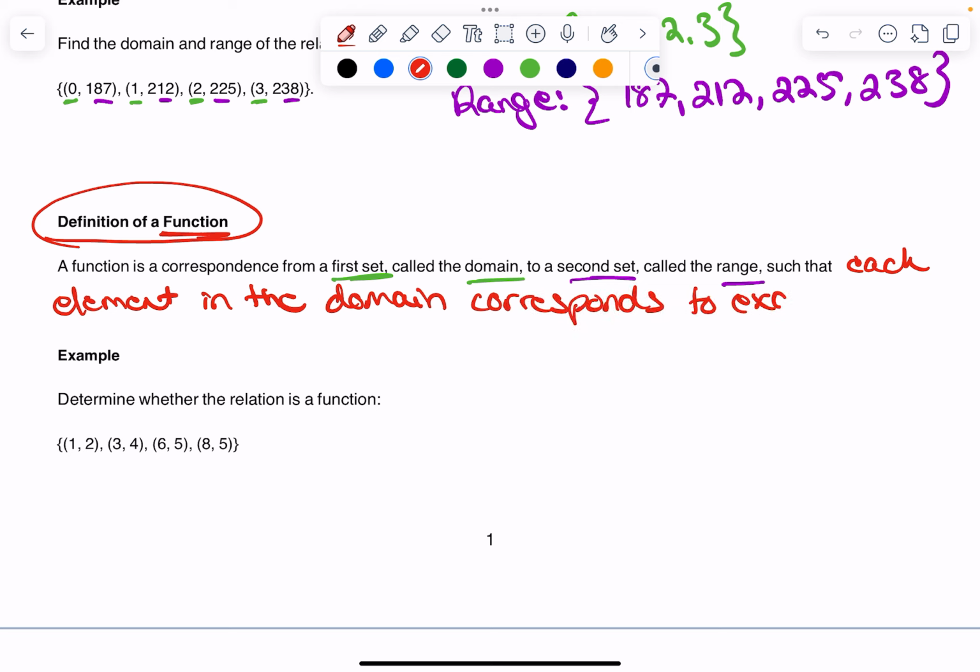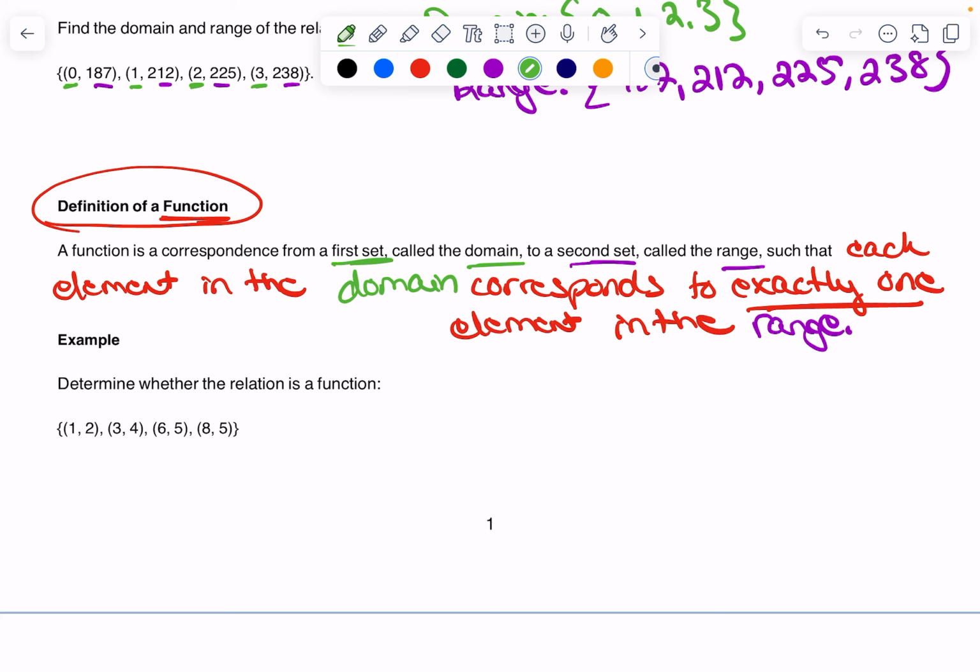So each element in the domain corresponds to exactly one element in the range.